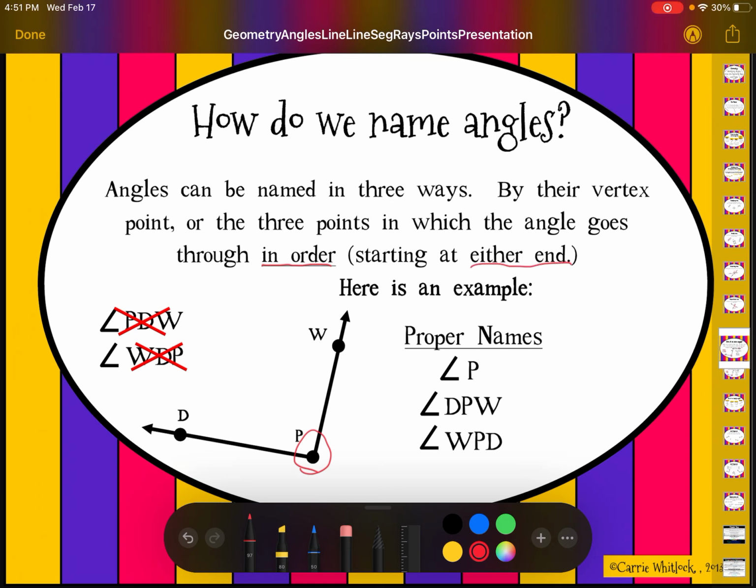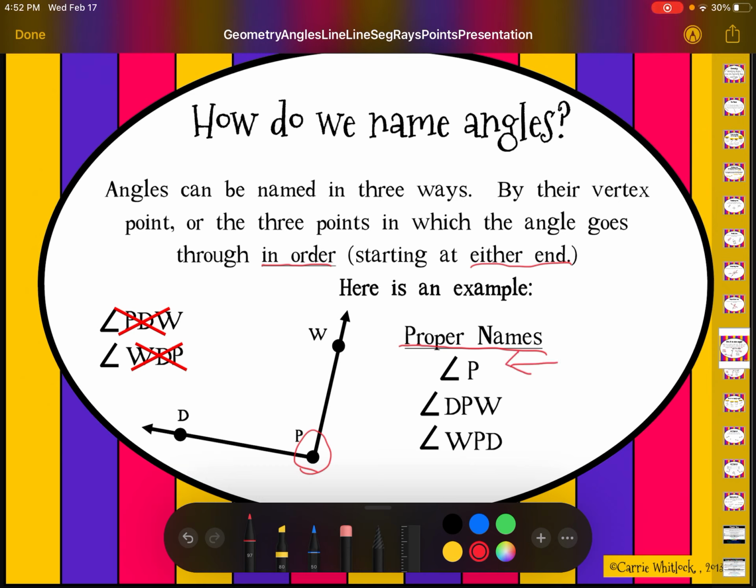So here are some examples of the proper way that you can name angles. Looking at the angle they gave us, our vertex is point P. So we could name that angle, angle P, like it says first.